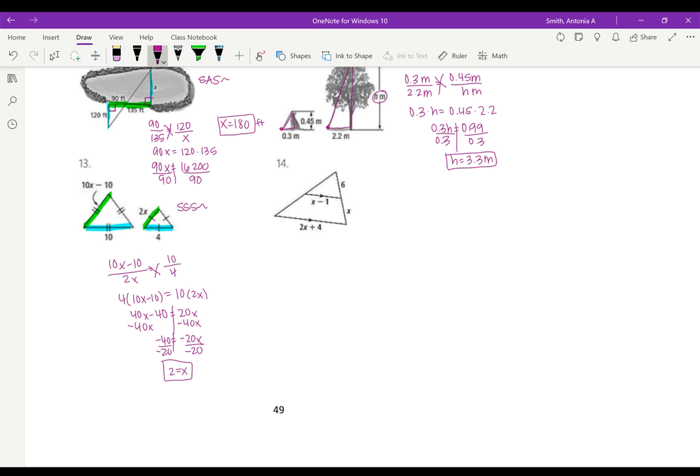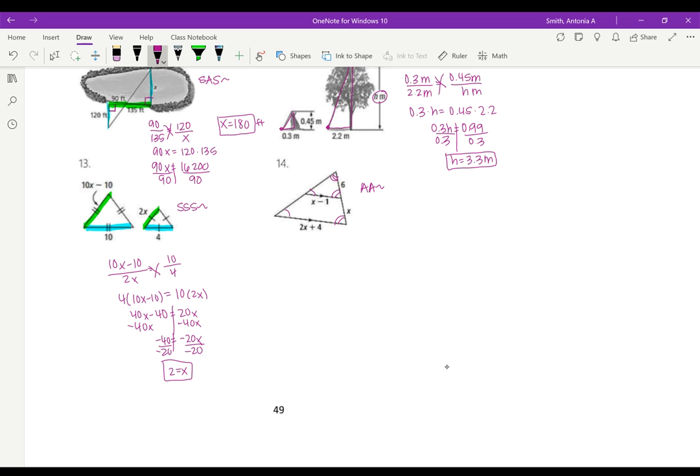On number 14, we have another set of parallel lines. So we know that this angle and this angle are the same, this one and this one are the same. This is congruent to itself. So this is angle-angle similarity. So I want to create some proportions for my sides. My smaller triangle here, I have 6 and x minus 1.